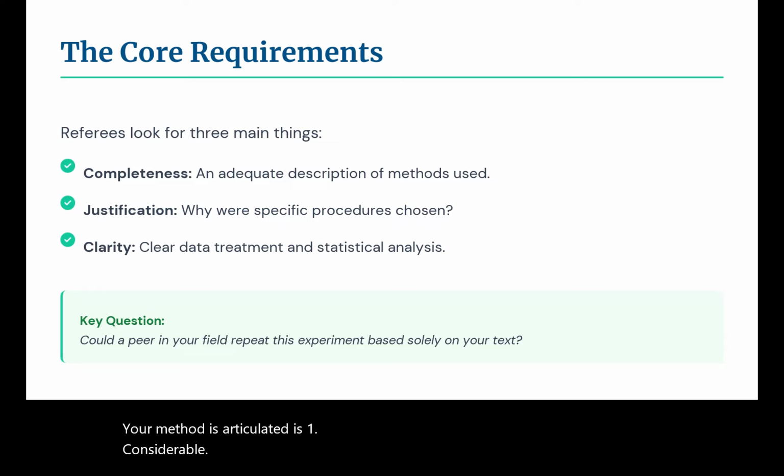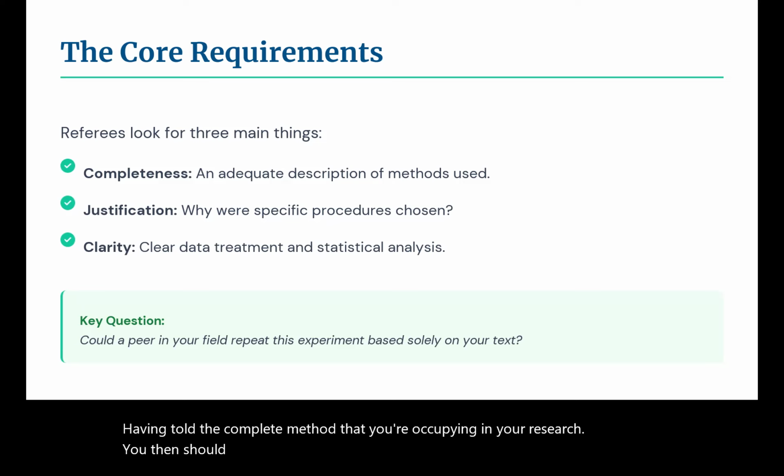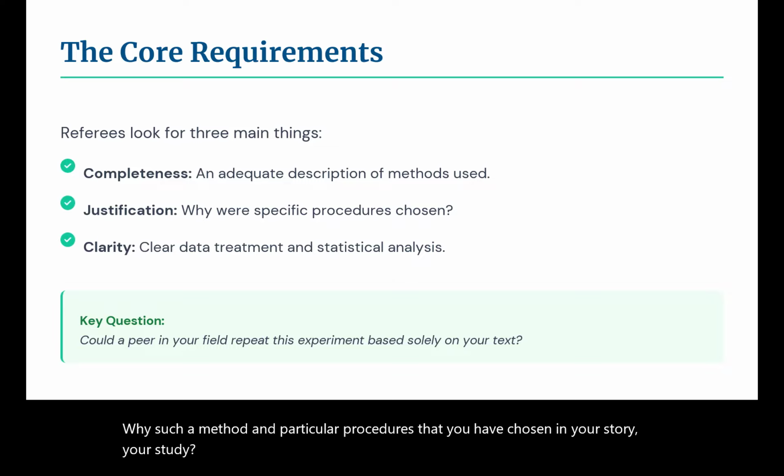Number two, having told the complete method that you're occupying in your research, you then should look at why such a method and particular procedures that you have chosen in your study, why did you select them?